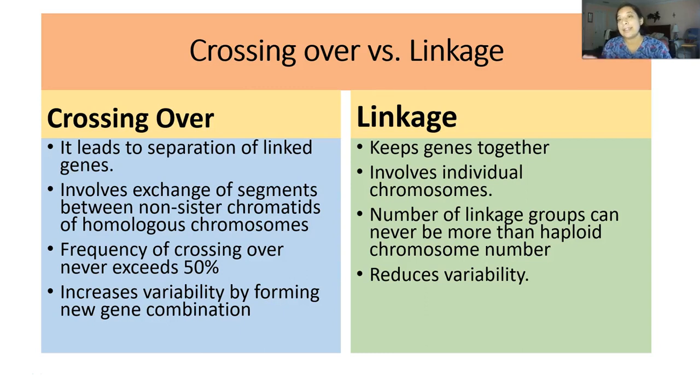Linkage, on the other hand, does the exact opposite. It keeps genes together. It involves individual chromosomes, not between chromosomes. If they're on different chromosomes, they're already unlinked. In the same chromosome, it involves those individual chromosomes, and the number of linkage groups can never be more than the haploid chromosome number, and it reduces variability.